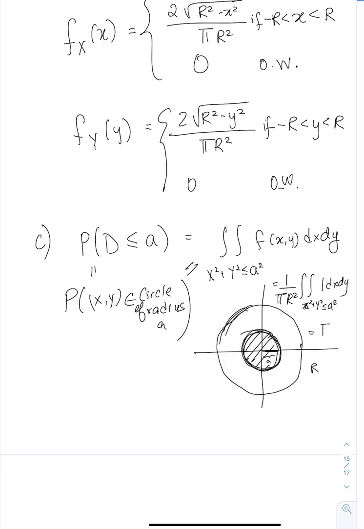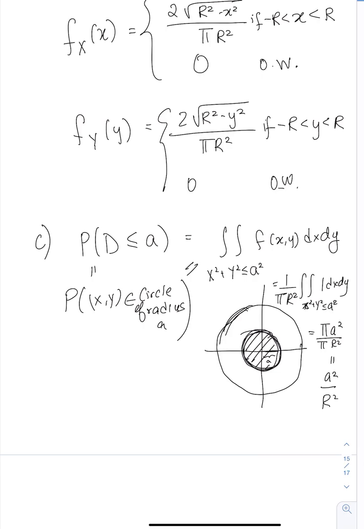So that is just pi a squared over pi r squared, which is a squared over r squared.